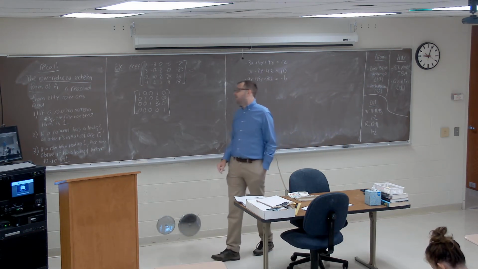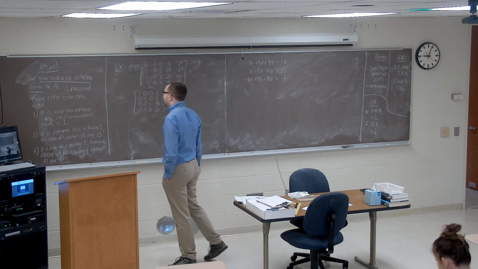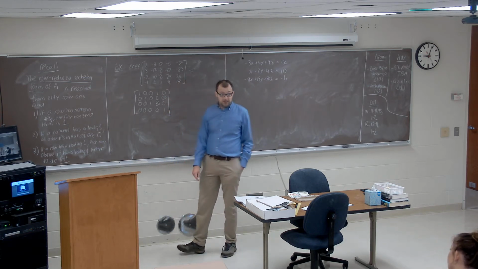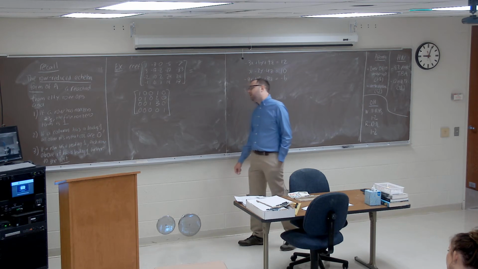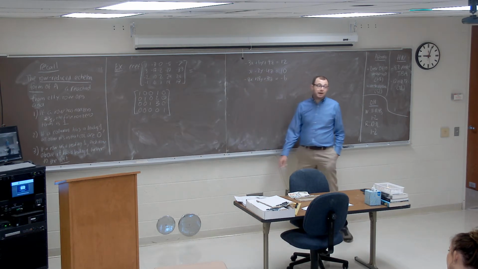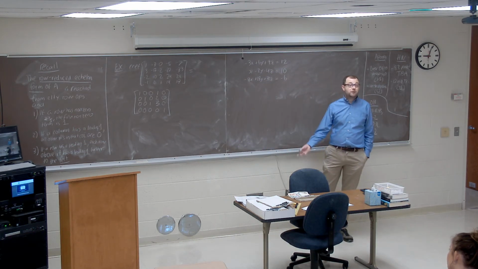If a column has one of these leading 1s in it, then all other numbers in that column are 0. And finally, if a row has a leading 1, then every row above it has to have a leading 1 that is further to the left.